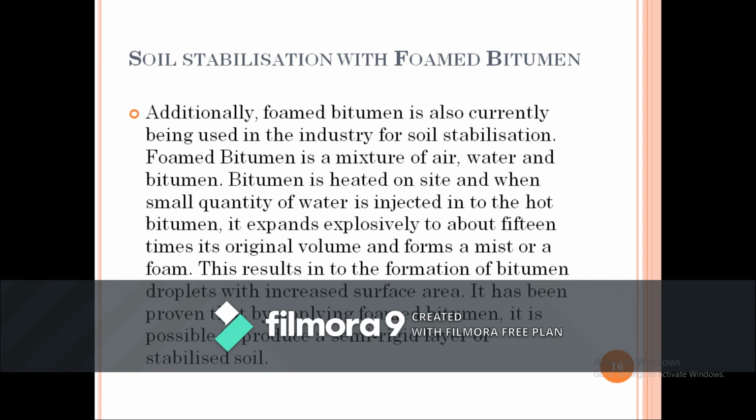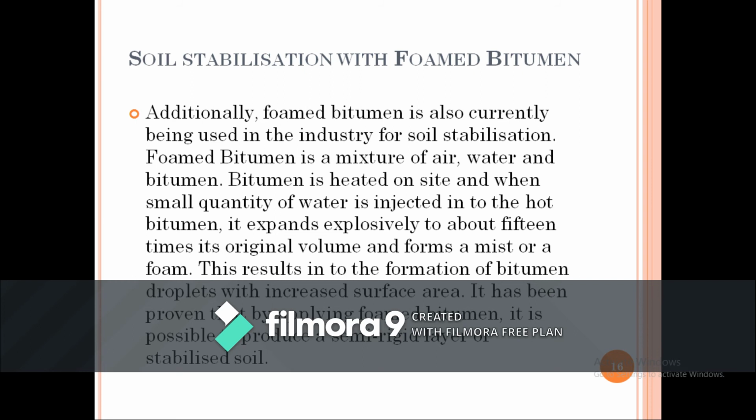So what is happening when you are combining this bitumen with water? It is just expanding enormously. How many times is it expanding? Almost 15 times. This results in the formation of bitumen droplets with increased surface area. It has been proven that by applying foamed bitumen, it is possible to produce a semi-rigid layer of stabilized soil.